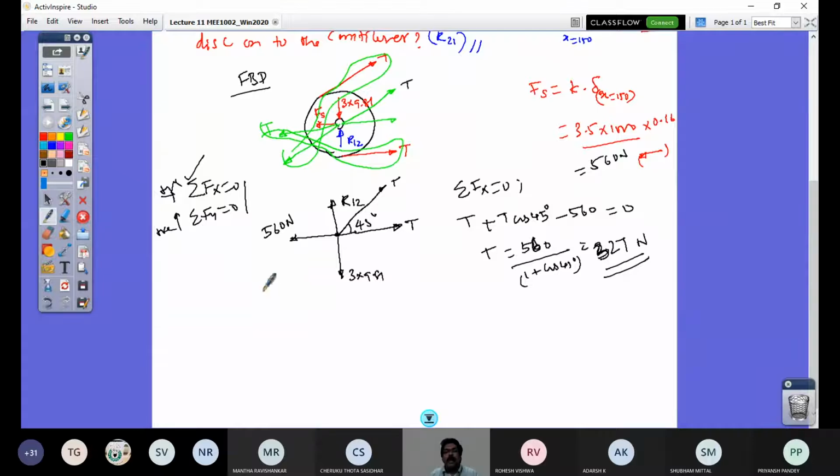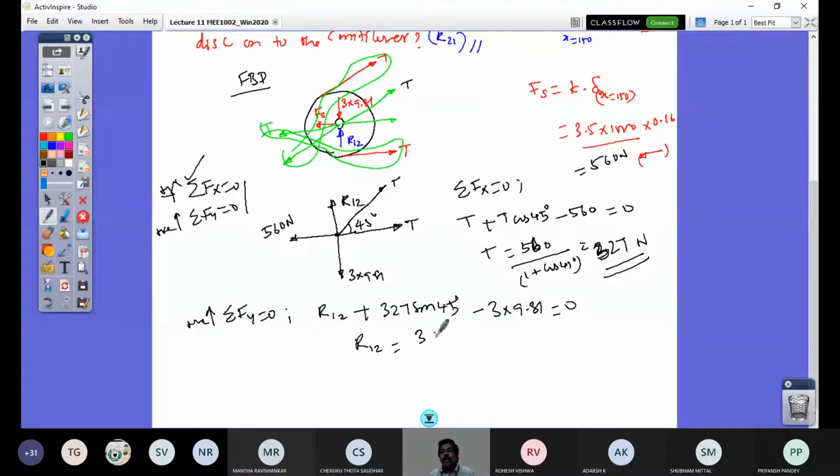Applying the second condition, sigma Fy equals 0, with this convention, I can write R12 plus T, that's 327 sine 45, because this vertical component also is positive, minus 3 into 9.81, because the given mass into 9.81 is the weight force, equal to 0. So that solves for R12.